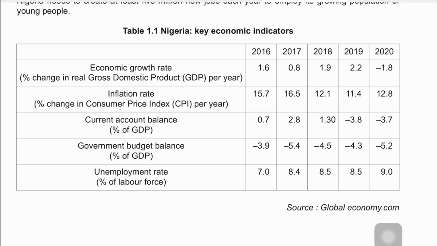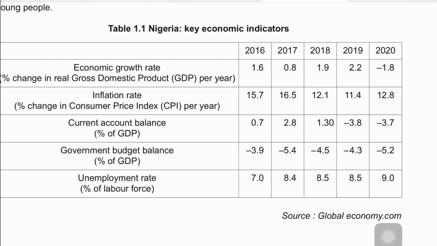It was also indicated in your case study that the deficit has worsened. But you're not supposed to write in the answer that the deficit has worsened, because it's already mentioned in the case. So just picking up what's written in the case and writing that down will not score you marks.